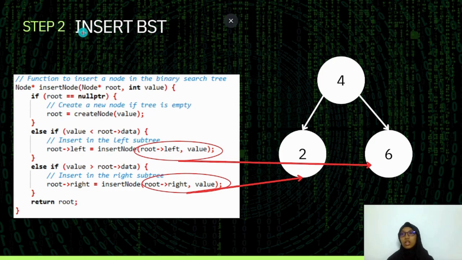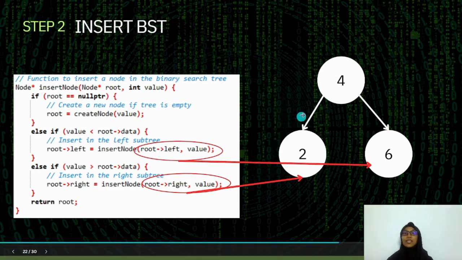It will check the else if part, which inserts in the left subtree. Why left? Because we have to compare it. 2 is less than the root, which is 4, so it goes to the left. Can you see that?